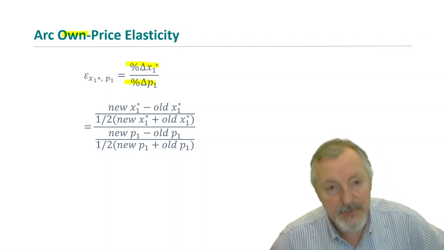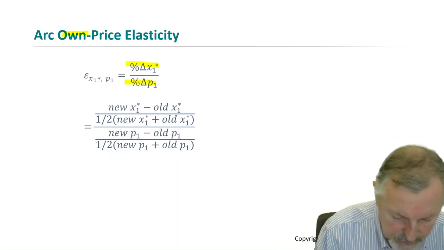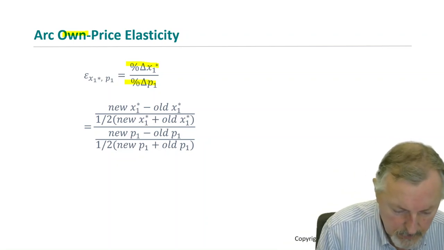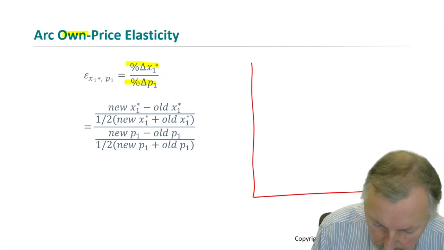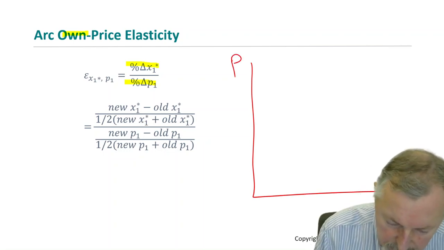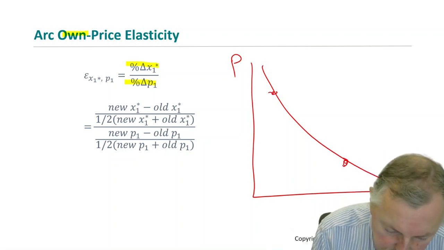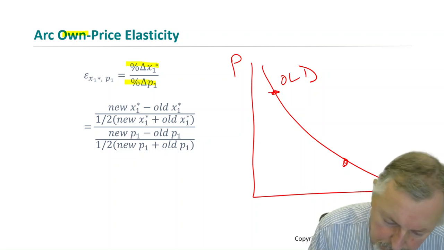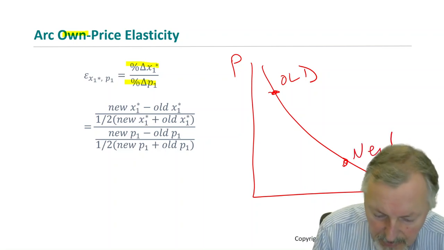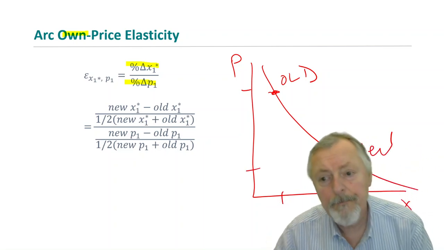But you have to use, since you're doing it over an arc, and let's see if I can do this. Okay, that's quantity, that's price. You have 2 points. The old bundle, or the old demand, and the new demand, at the old price and the new price, the old quantity, the new quantity.